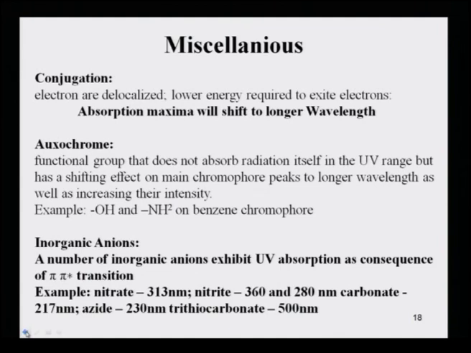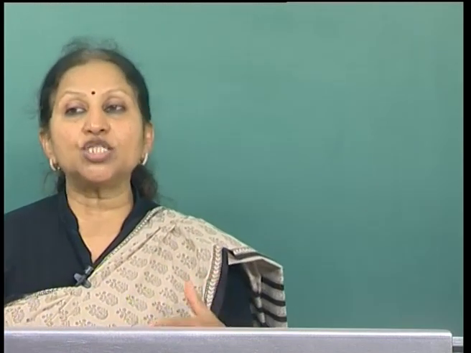Carbonate absorbs at 217 nanometer, whereas azide absorbs at 230 nanometer, whereas trithiocarbonate absorbs at 500 nanometer. So, you see that different types of inorganic ions have different wavelengths because they absorb differently and because they have different types of oxochromes attached to the main chromophore.